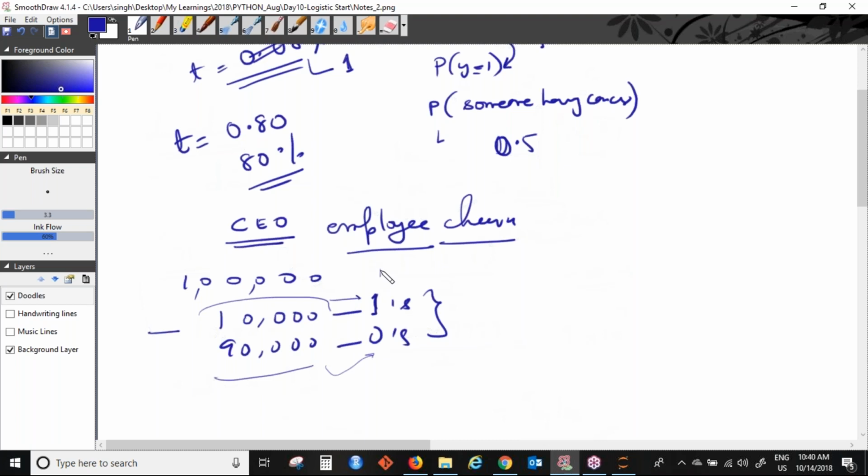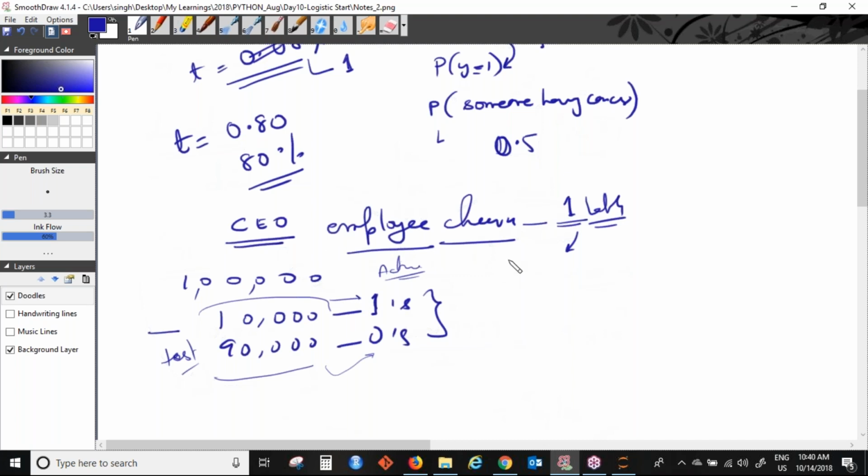You don't know the actual value, because these employees are yet to quit. This is your test data; you have only predicted this. Let's say the CEO decides that I will offer a bonus of 1 lakh rupees to all the employees that this model predicts are planning to quit, so that we can retain them.